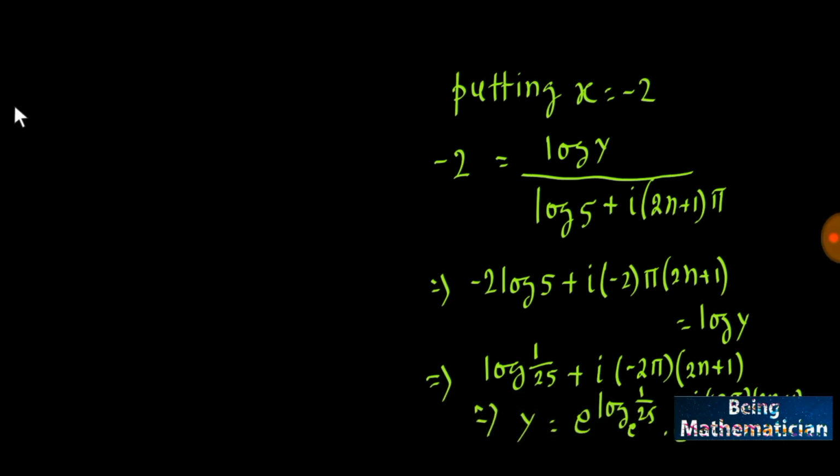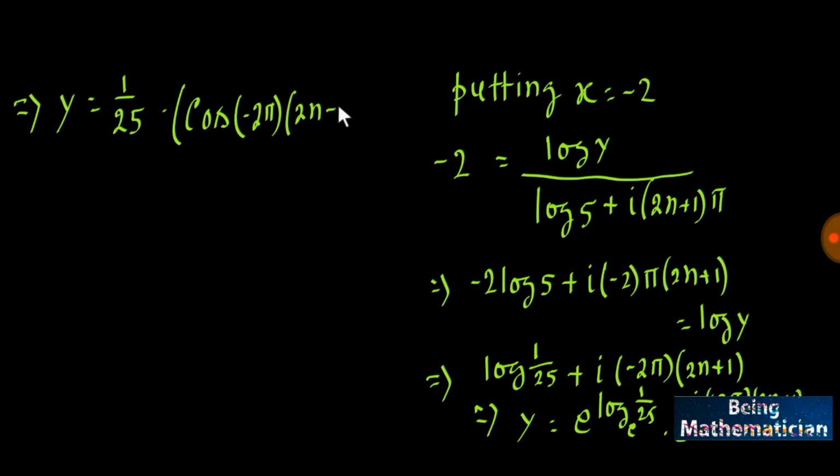Now y equal to 1/25 into cos of (-2 pi into (2n plus 1)) plus i into sine (-2 pi into (2n plus 1)).